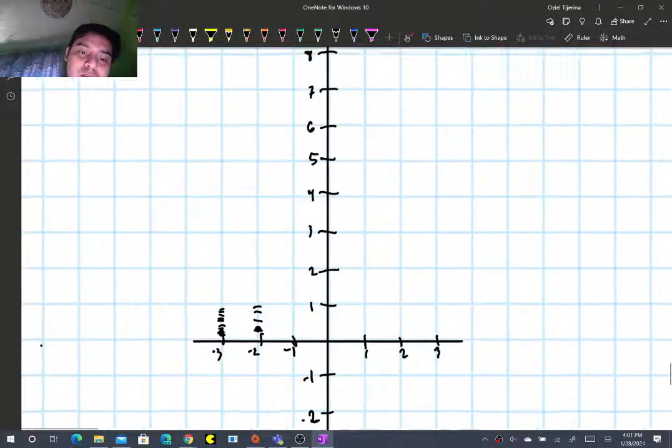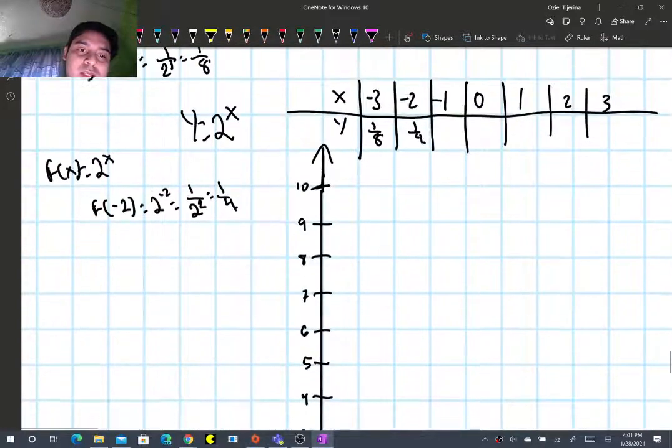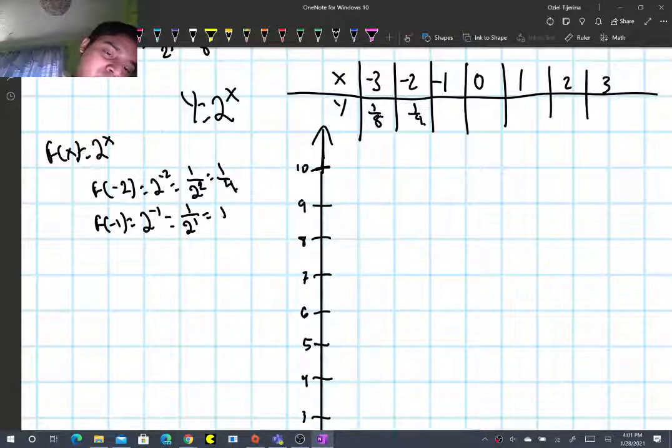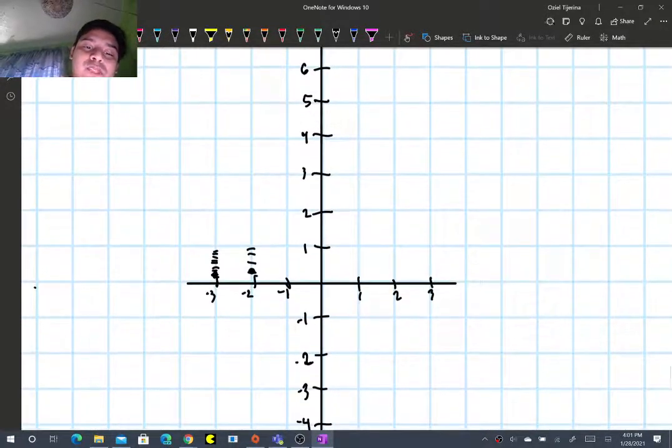And then if I plug in -1, f of -1 will be 2 to the -1, which is 1 over 2 to the first power, which is 1/2. Okay, so this is going to be about half of 1, which is 0.5.